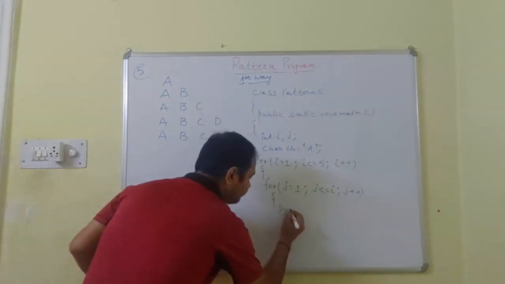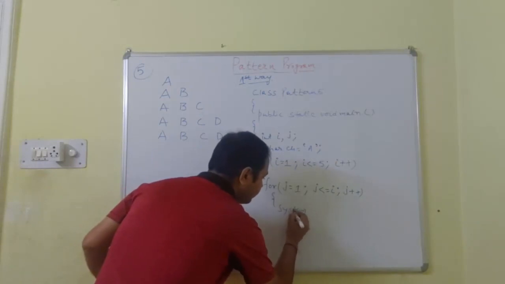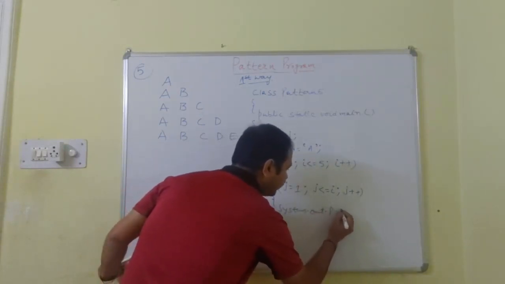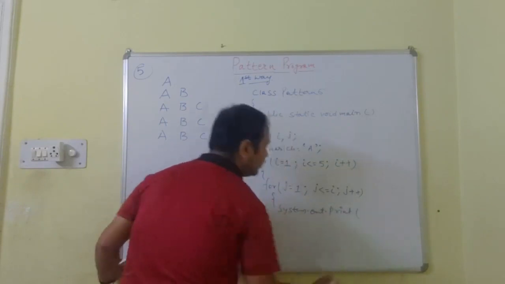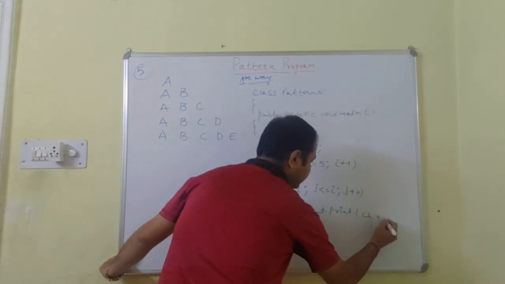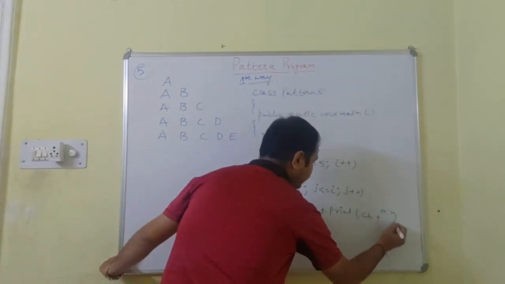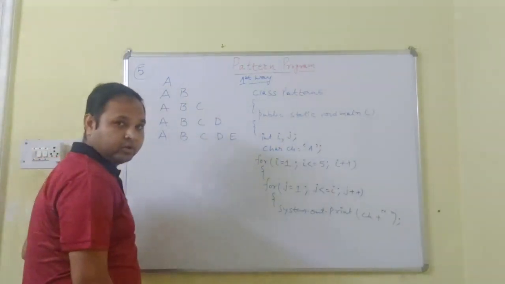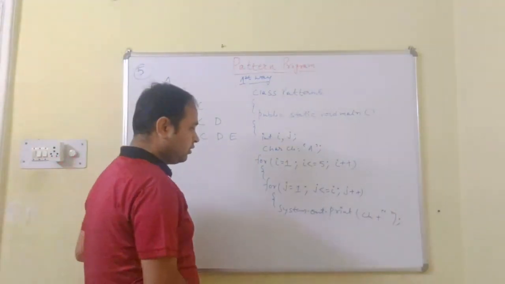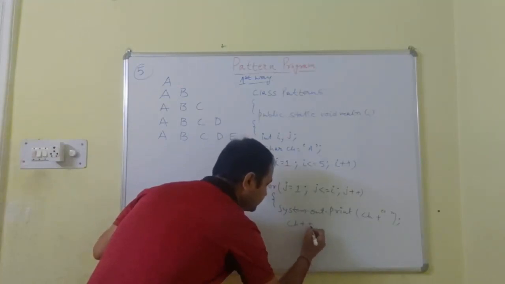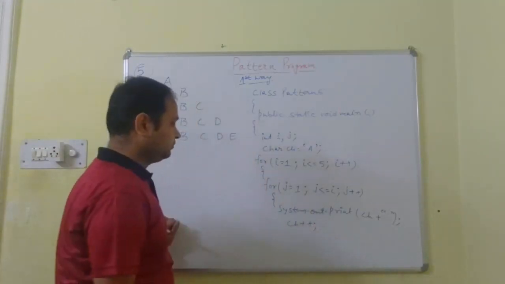Write here System.out.print. We print the value of the character ch. In the second line, you can see that after it has been printed, we write here ch plus plus to increase the value of ch.